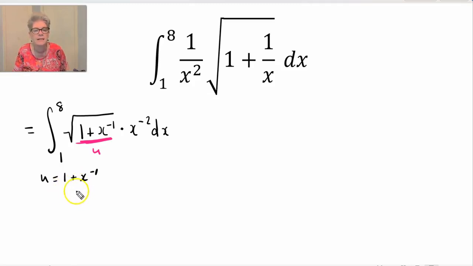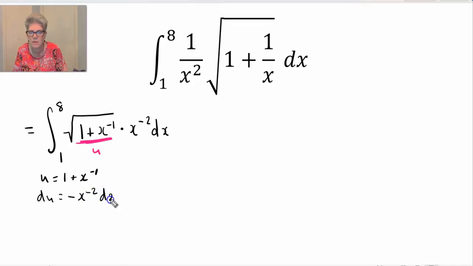So let's just continue. I'm going to take the derivative of both sides. So the derivative of u is 1 du. And then the derivative of the right-hand side, well, the derivative of 1 is 0. And then the derivative of x to the negative first power is going to be negative 1 times x to the power of negative 1 minus 1.